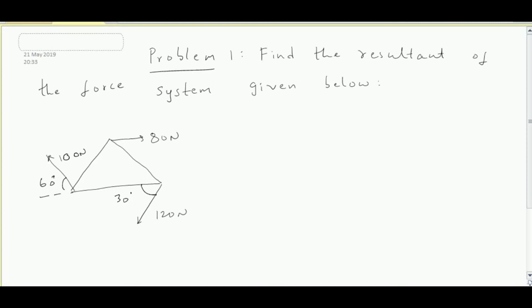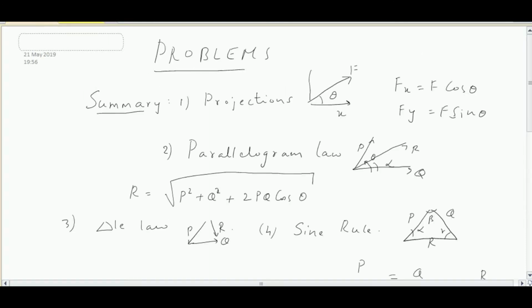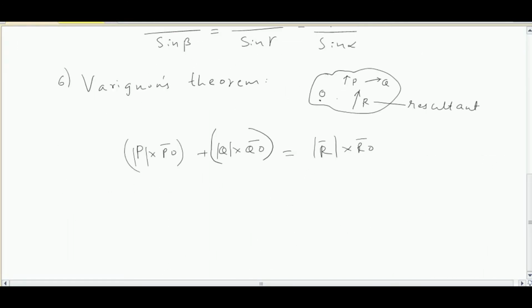I forgot telling about static and dynamic equilibrium in the summary. So let us note it down again. In static equilibrium, the net force should be zero, because if there is any net force, that will lead to the acceleration of the body. Then the body is in dynamic condition, so we cannot apply static conditions.